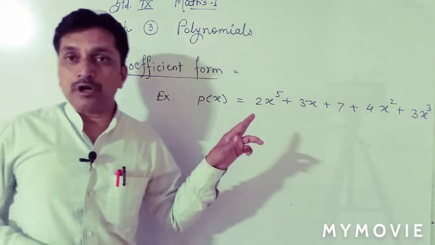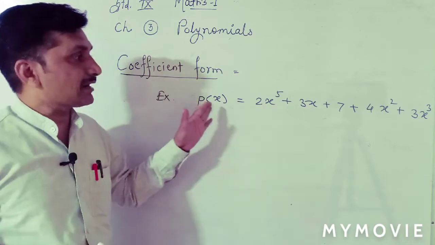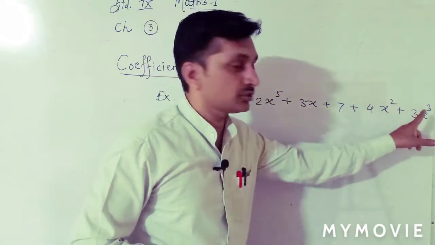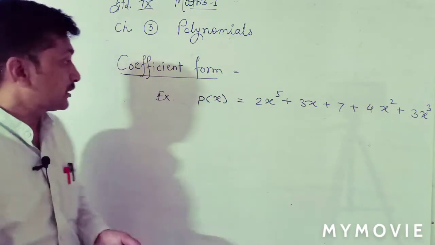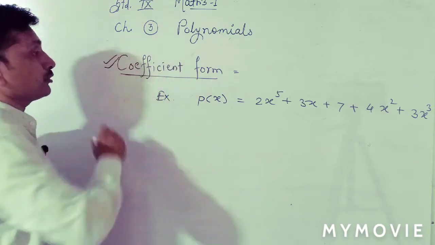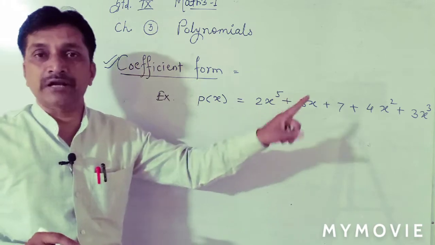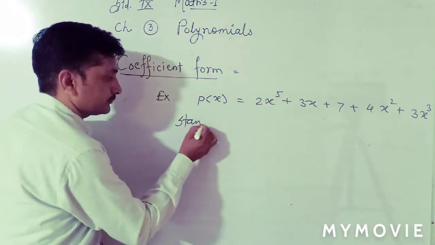If you observe their powers, their indices, they are not arranged: 5, 1, 0, 2, 3. The powers are not arranged, means that is not in standard form. We have to write that in coefficient form, but before that we have to convert this into standard form. Compulsory.